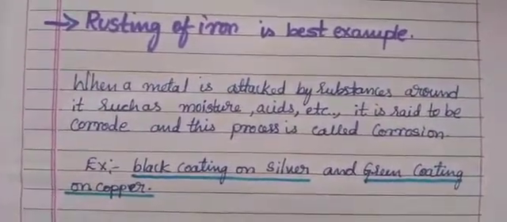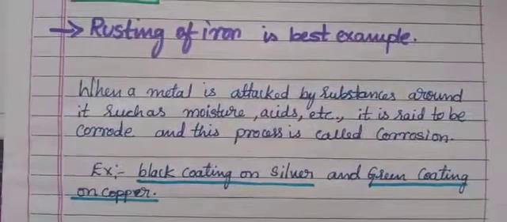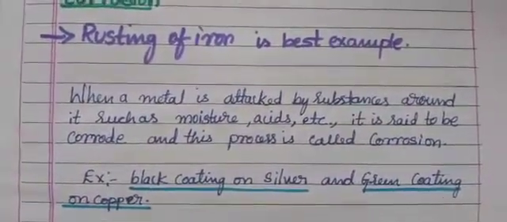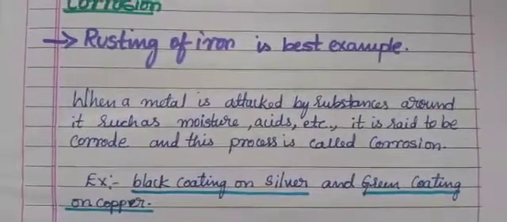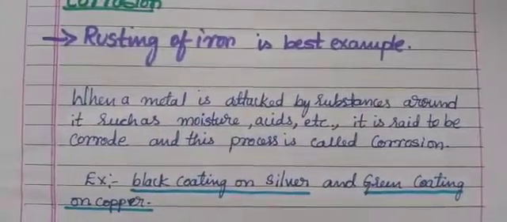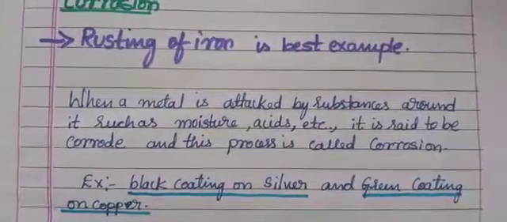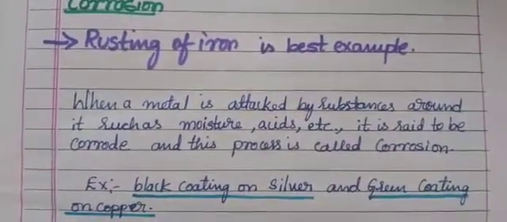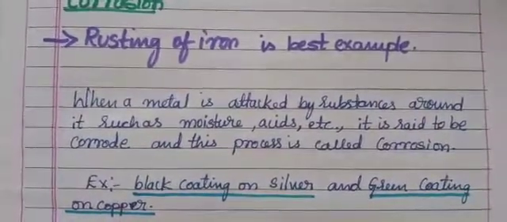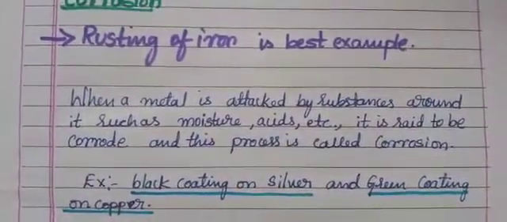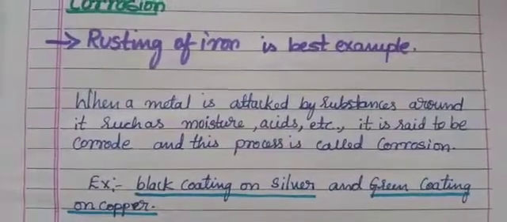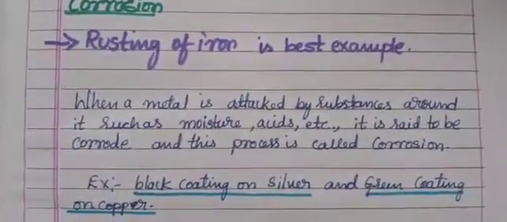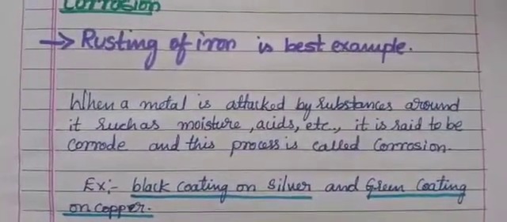Most metal items, whether bridges, iron railings or ships, are made of iron. So due to corrosion, especially of iron, corrosion of iron is a serious problem. Every year an enormous amount of money is spent to replace the damaged iron. The government is paying a lot of money to replace this iron.